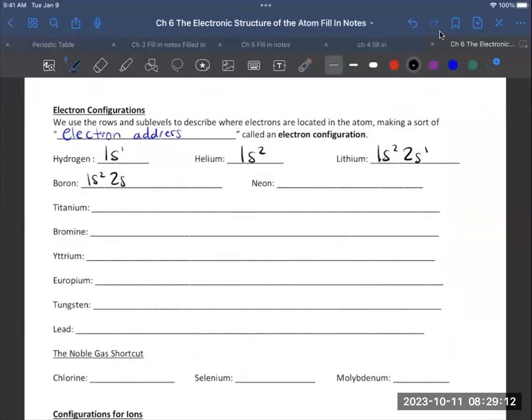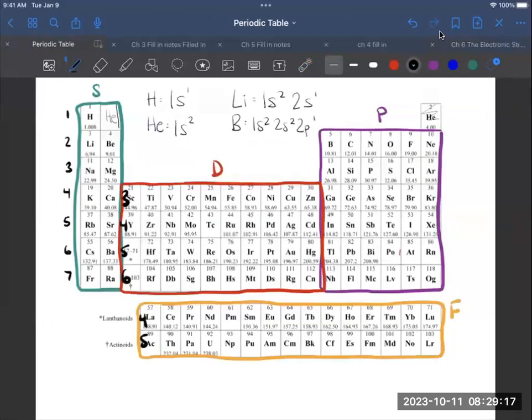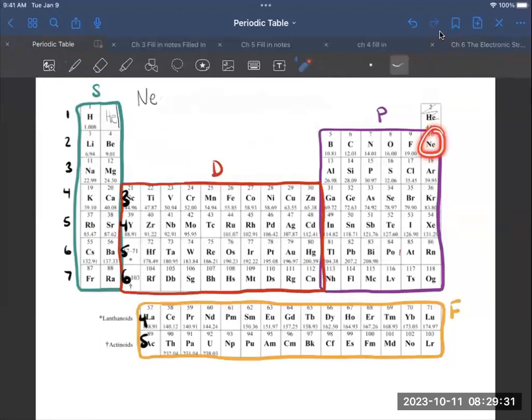Okay, let's do neon. Neon has 10 electrons, and to get to all electrons for neon, we're going to go through 1s2, and then 2s2.